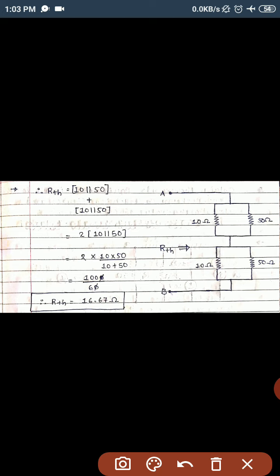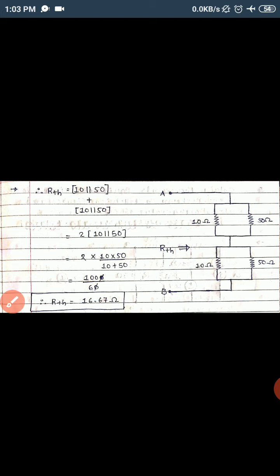By simplification we get RTH, or ZTH, equal to 16.67 ohm.